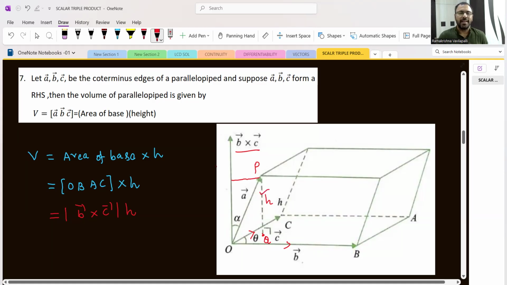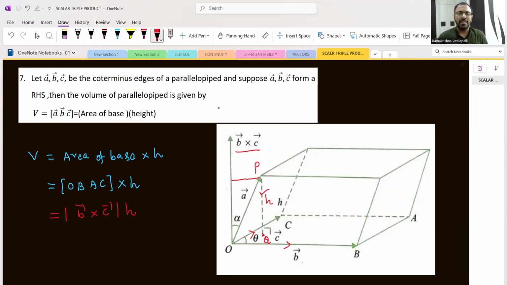Now, what is meant by B bar cross C bar? B bar cross C bar is a vector perpendicular to the plane of B bar and C bar. Now you see that B cross C is parallel to PQ, right?